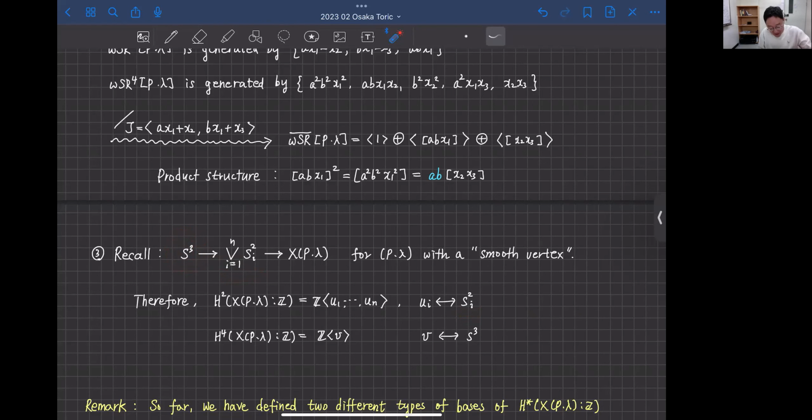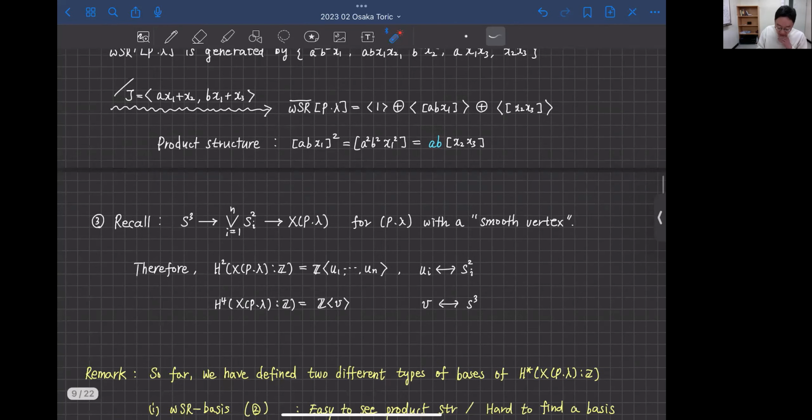And then the connecting homomorphism gives me the generator for H4 of this cofiber, in algebraic topology. So we have these generators corresponding to these two-dimensional spheres and S3, which has a nice topological nature, right?